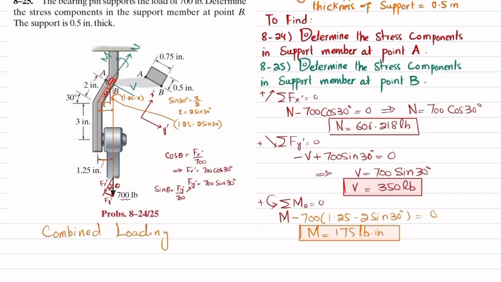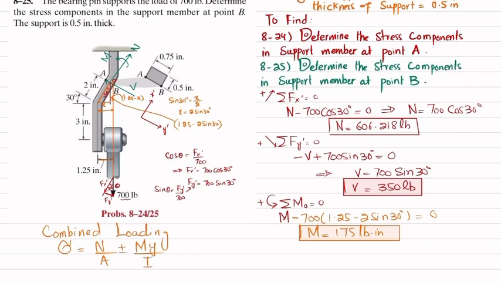So one normal stress is due to this axial load, and the other stress will be due to this bending. So we will write it, sigma will be equal to N by A plus minus M into Y divided by I.